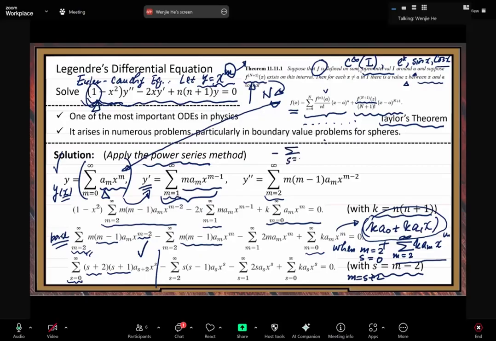s equals 0 to infinity, m is s plus 2, a s plus 2, x to the s plus 1, right?